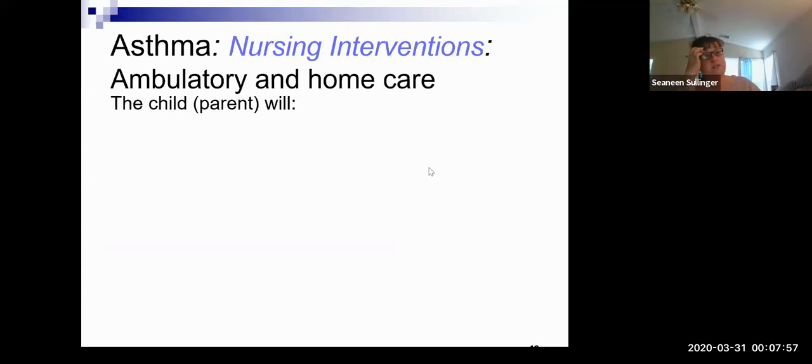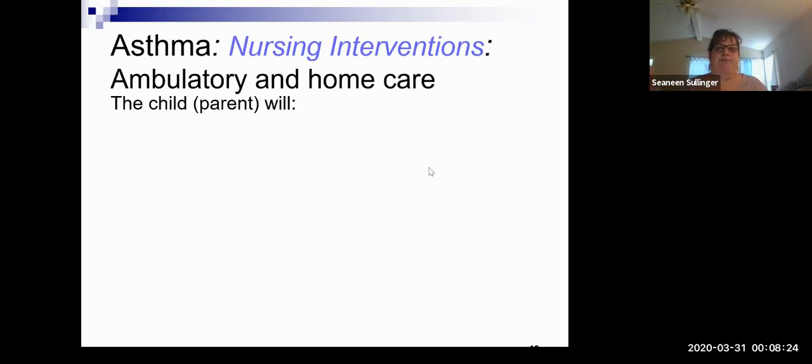So, nursing interventions, ambulatory and home care. Those would actually be goals if the child or the parent will administer the medication appropriately on time. The child will be able to describe the difference between the rescue inhaler and the maintenance inhaler.